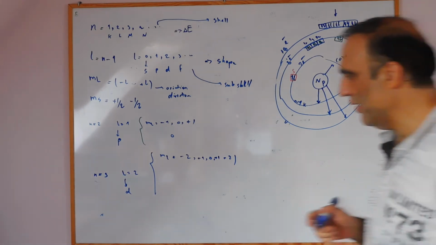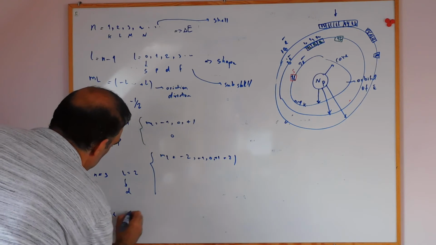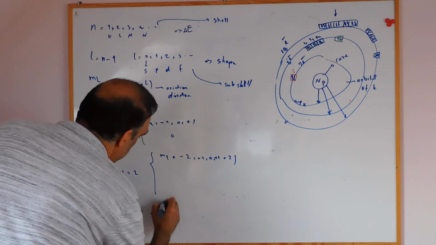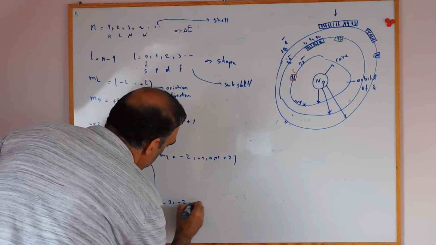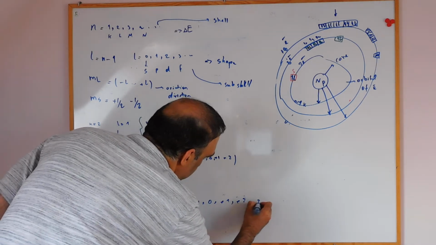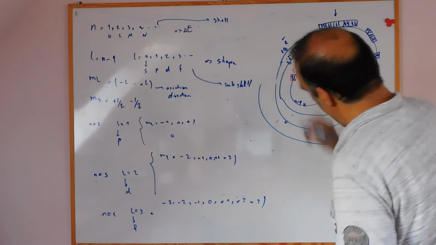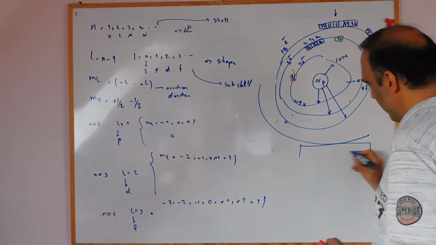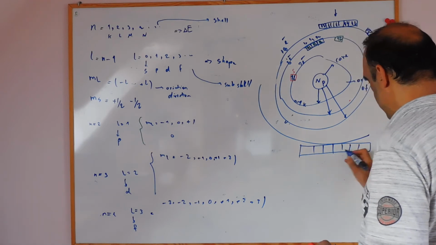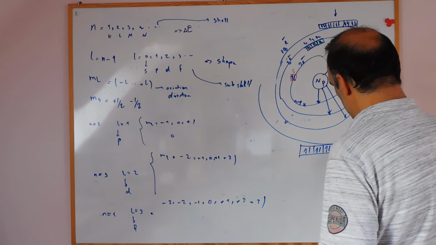And the last one, N is equal to 4, L equals 3. The name of the orbital is F, and ML is between minus 3, minus 2, minus 1, 0, plus 1, plus 2, plus 3. Okay, 7. So we have 7 F orbitals, and each has 2 electrons.